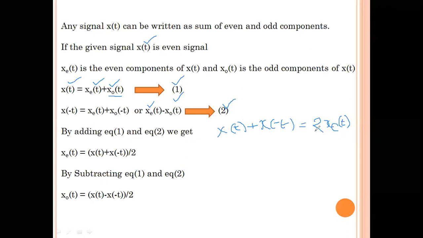If you take this 2 to this side, what will you get? x e of t is equal to x of t plus x of minus t divided by 2.